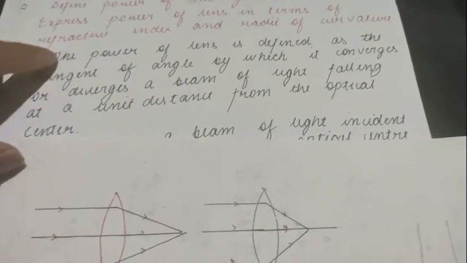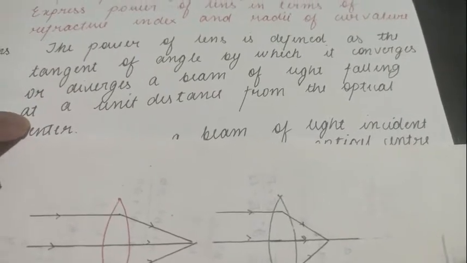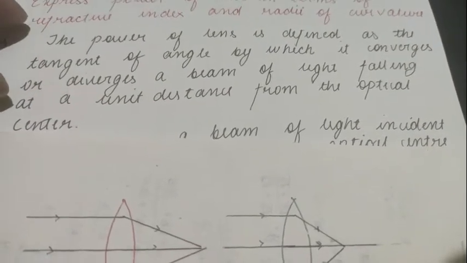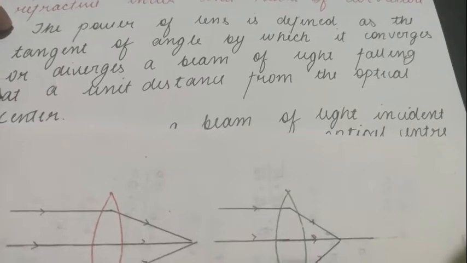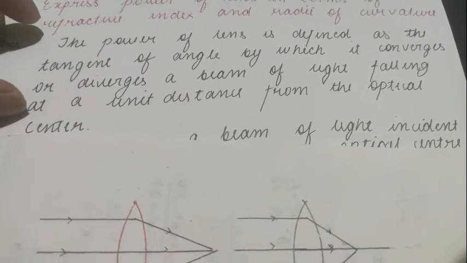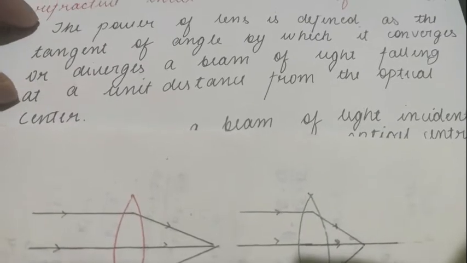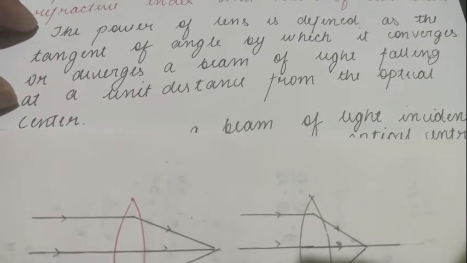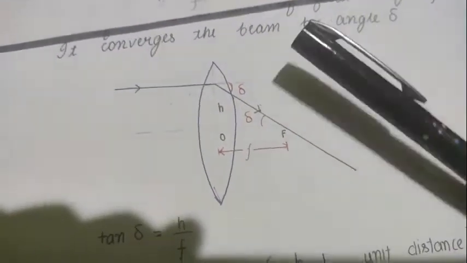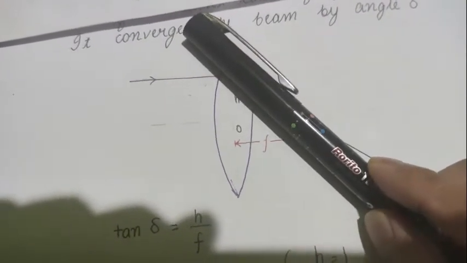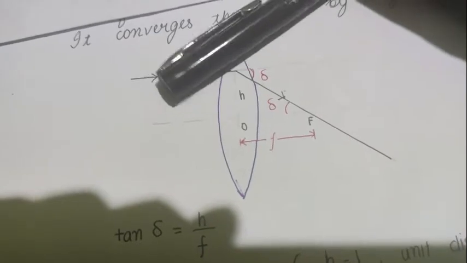Fine. So what does this definition imply? This definition implies that power of lens is the measure of degree of convergence or divergence. That means how much your rays converge or diverge. Clear?